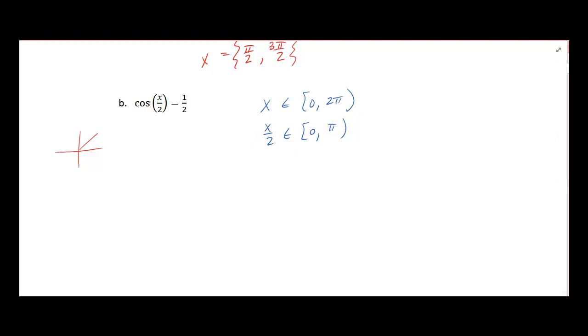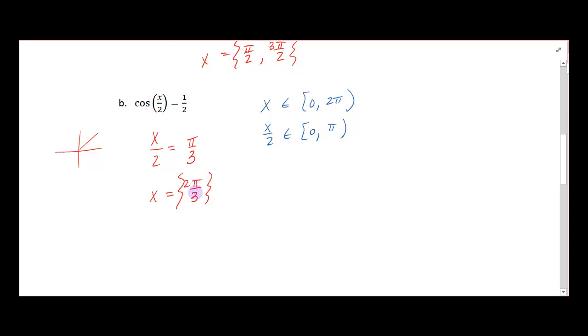So now what angle, when I take the cosine of it, gives me positive 1/2? That's occurring at pi over 3. Since I'm solving for x, I'm going to multiply both sides by 2, and I find out that x is equal to 2 pi over 3. So this is the only angle that satisfies the solution that I need.